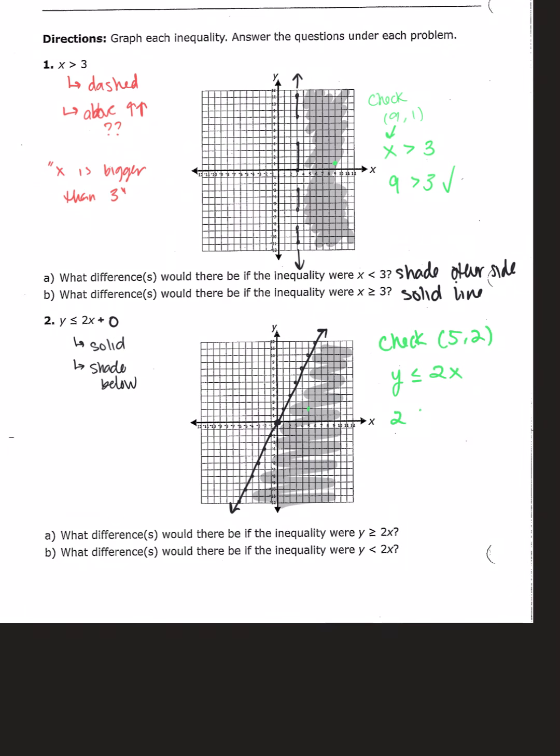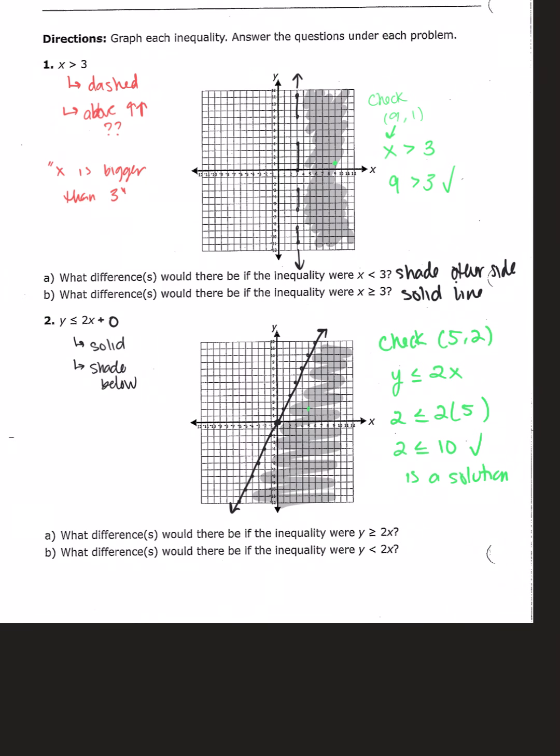My y value that I chose is 2. The x value is 5. Is 2 less than or equal to 2 times 5? Yeah, absolutely. That is a solution, which means I shaded in the correct part of my graph. The part of the graph with the point 5, 2 is colored in.